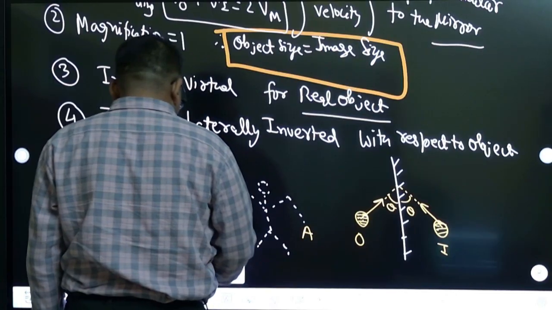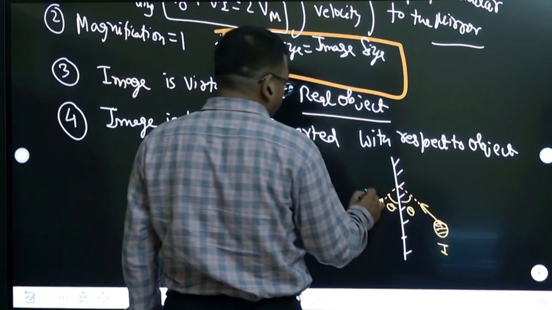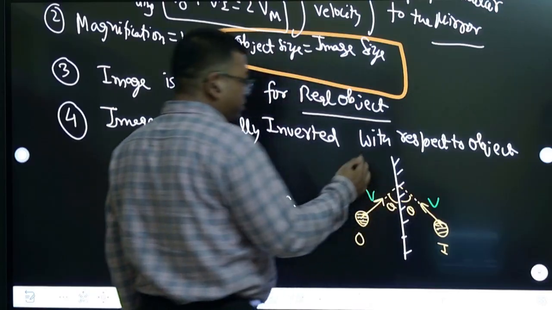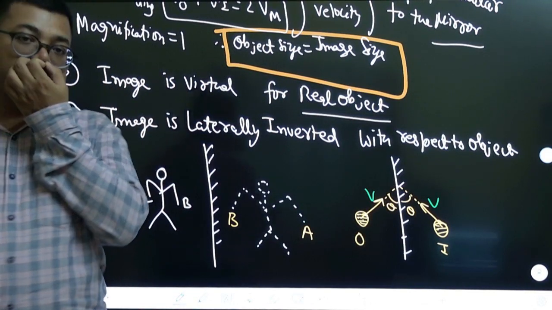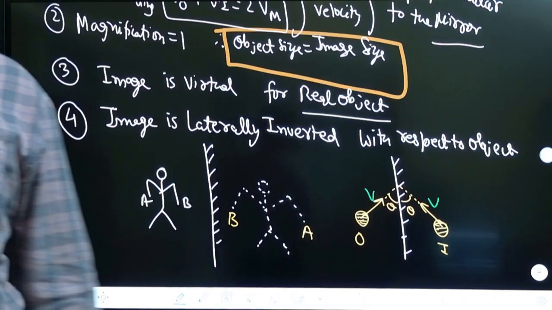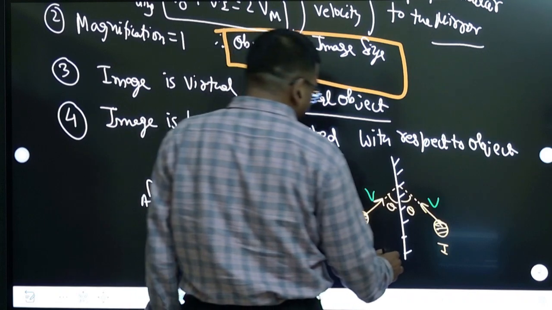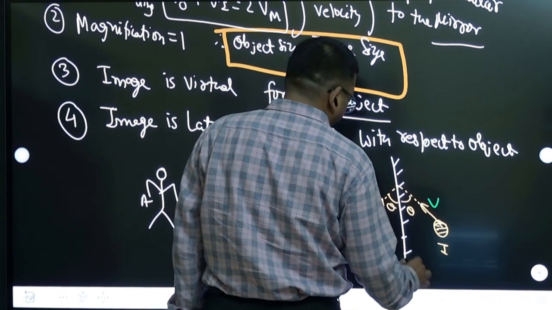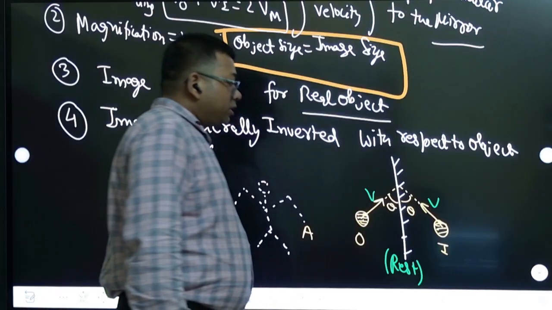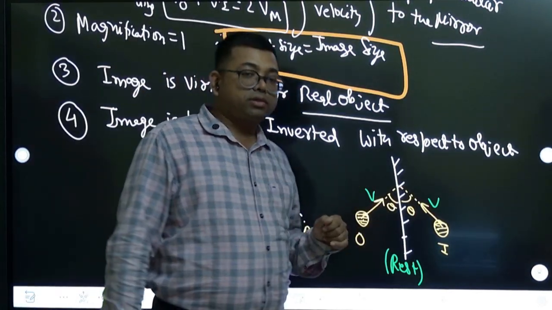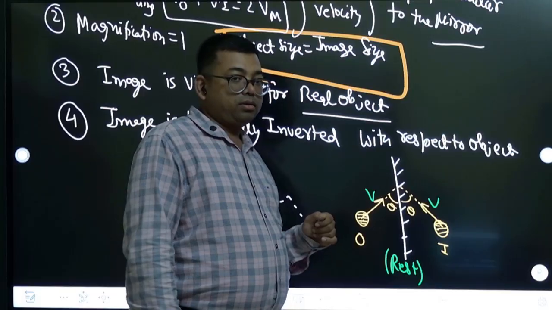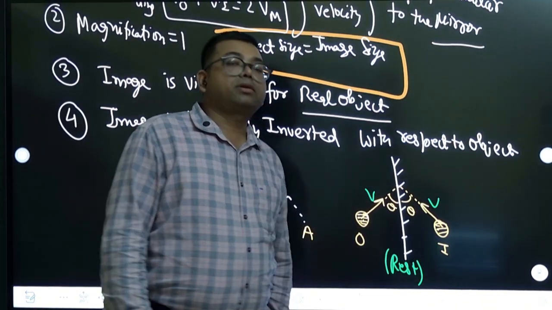The orientation of object and image with respect to the mirror will be the same. Remember, here I am taking the mirror to be at rest, or this velocity is the relative velocity which we are taking.